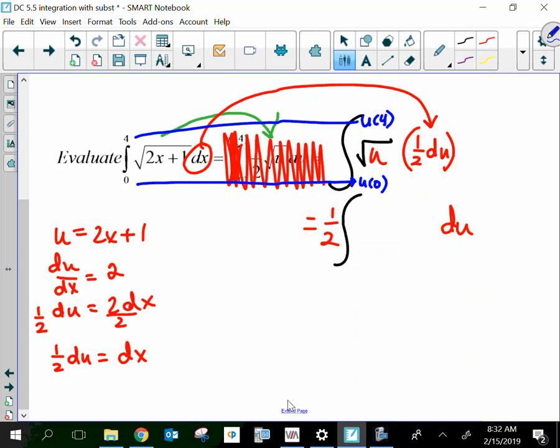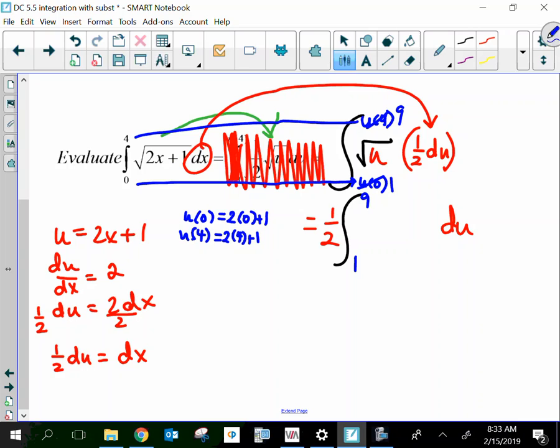Now, u of 0, let's take a look at it over here. That means put 0 in for the x. What is that? That's 1. So there's 1. And the u of 4 is what? 9. So that's 9.